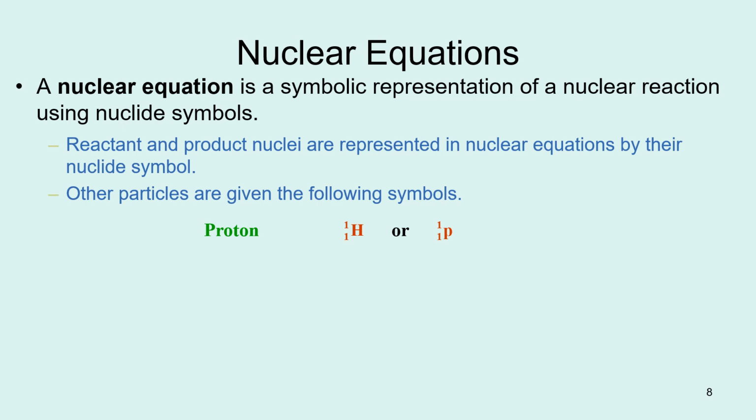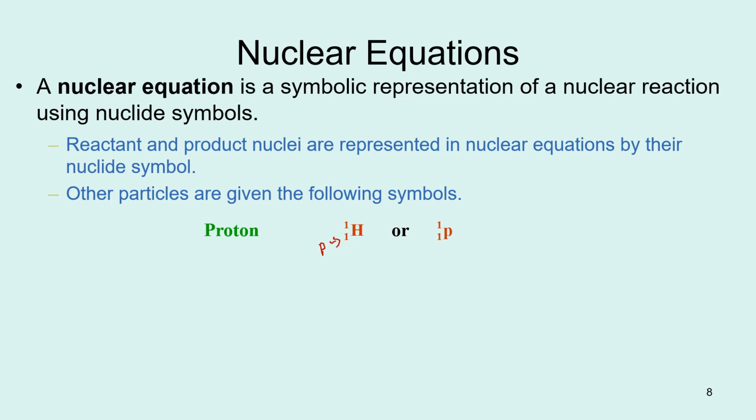A hydrogen atom has 1 proton and no neutrons, so that's why the 1, 1. So the number of protons is 1, the number of neutrons is 0, and so the total protons plus neutrons is 1. You might also see it represented that way with the 1, 1 and a proton.